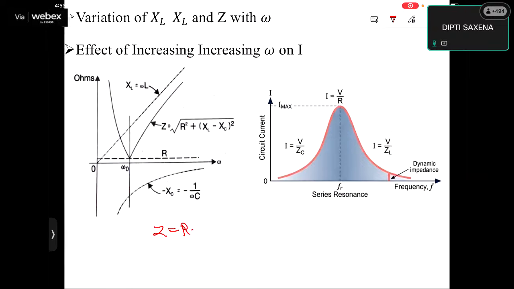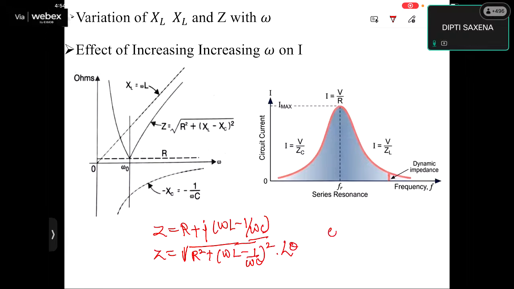Z is equal to R plus j omega L minus 1 upon omega C. That is, Z can be written in terms of magnitude: under root R square plus omega L minus 1 upon omega C whole square, angle theta, where theta is equal to tan inverse XL minus XC upon R, or you can say it is equal to tan inverse omega L minus 1 upon omega C upon R.